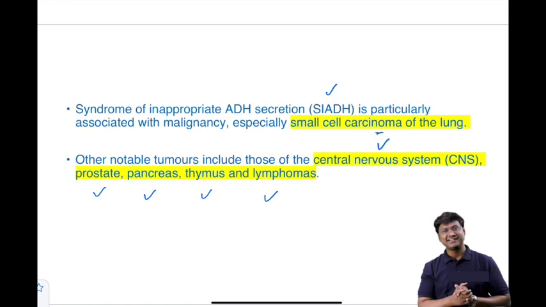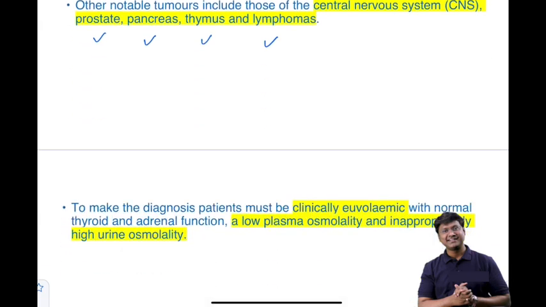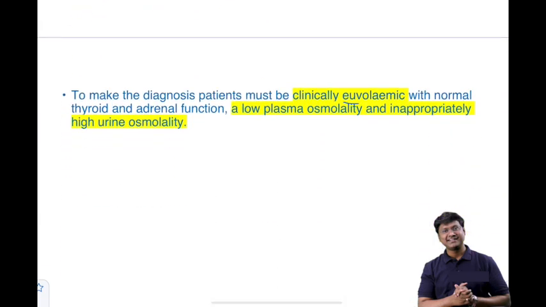To make the diagnosis, patients with SIADH should be clinically euvolemic. This is very important. In patients with SIADH, there will not be hypervolemia because of the activation of compensatory mechanisms. There will be euvolemia, low plasma osmolality, high urine osmolality, and also hyponatremia.